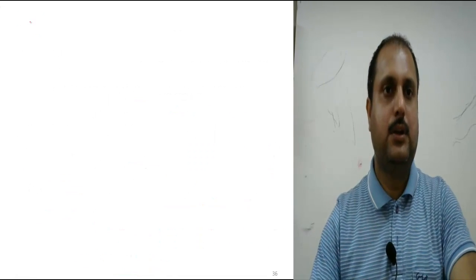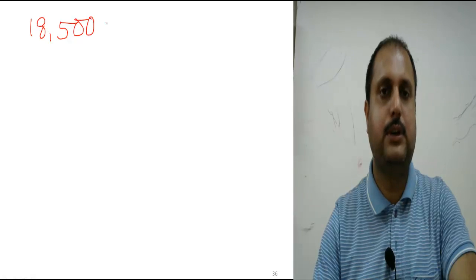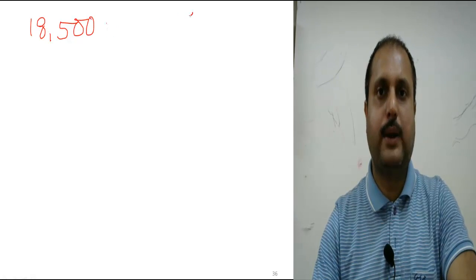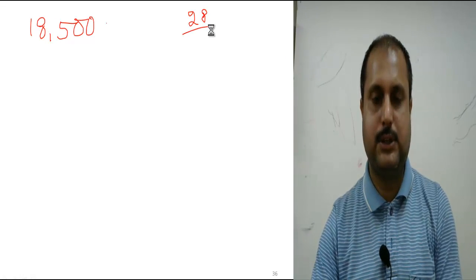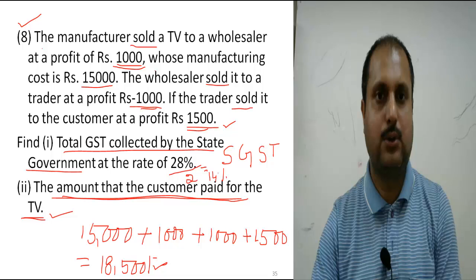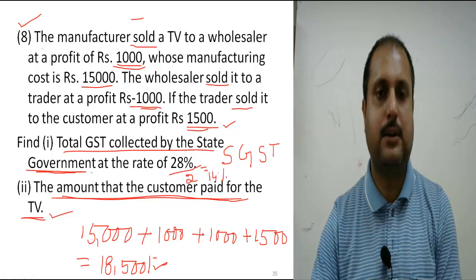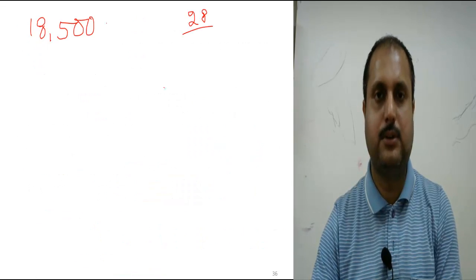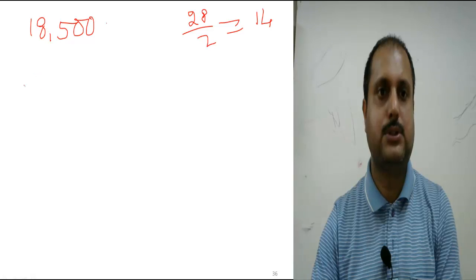The 18,500 is the total amount of the TV. Now the question is asking for the total GST collected by the state government at the rate of 28%, so the SGST would be 14%.